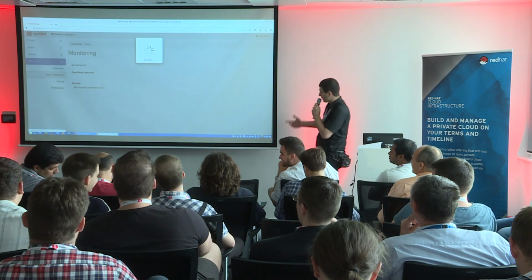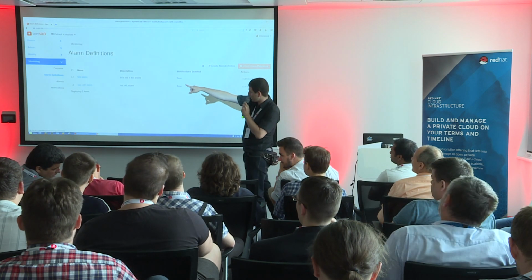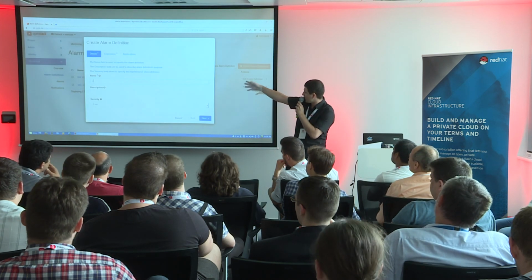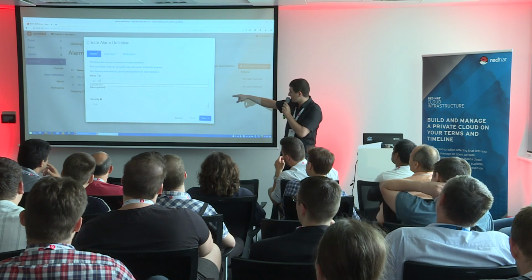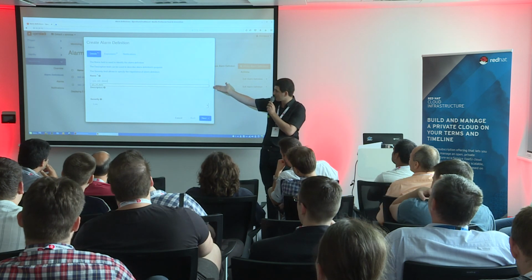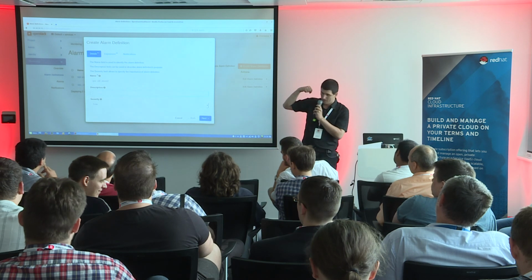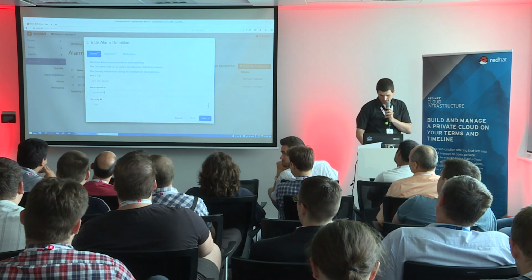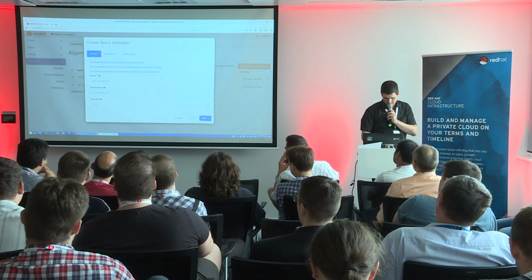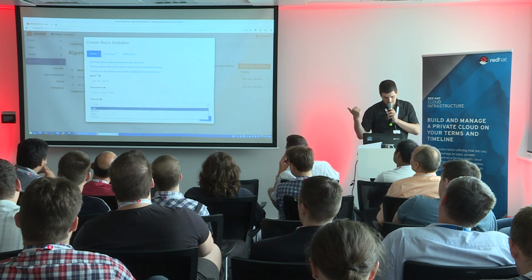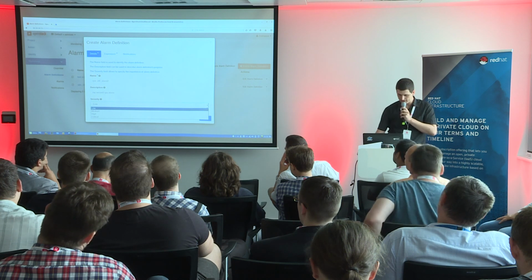So after you install Monasca, you will have a dashboard, a monitoring part, and here in the monitoring section, you can create new alarms based on special metrics collected by the Monasca agents. So you can specify the alarm name, you can specify the severity of that alarm.